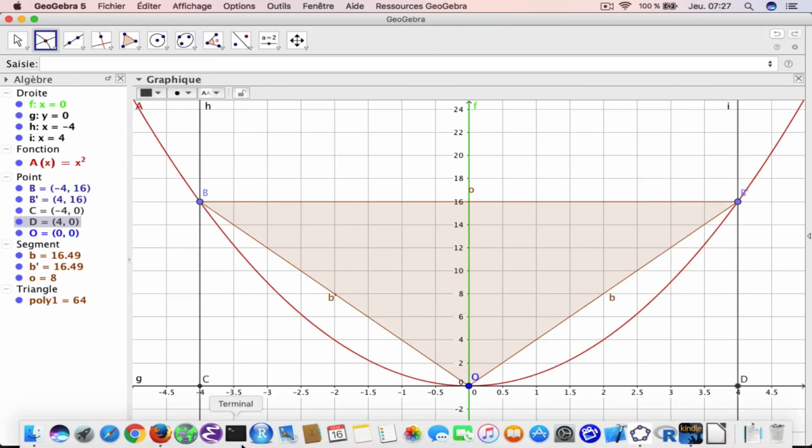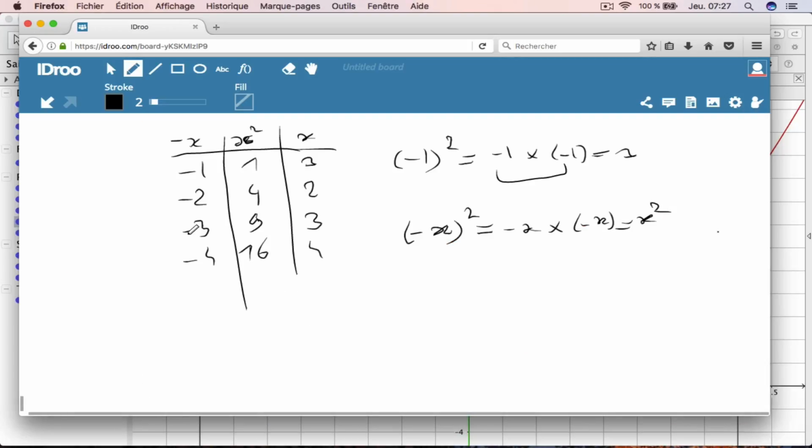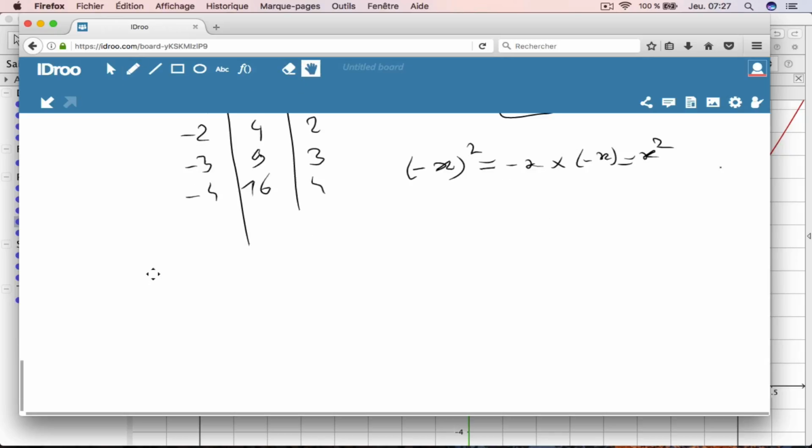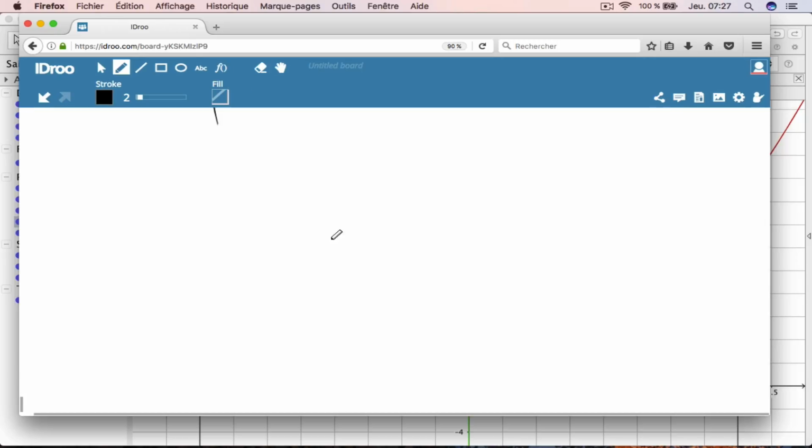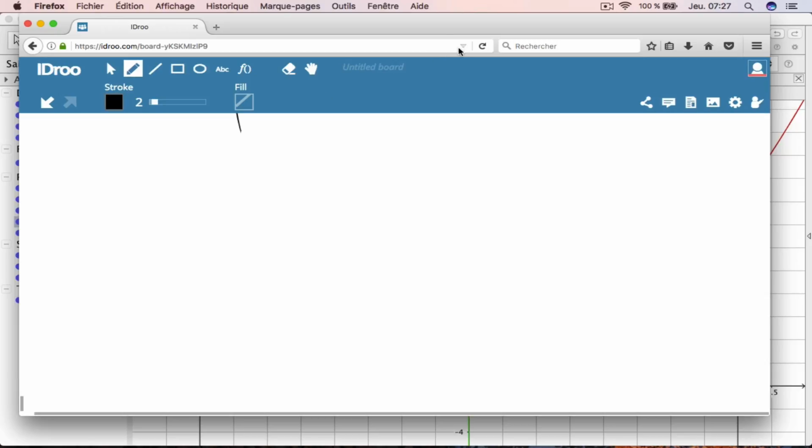Okay, so here we go. First we've got BCO. We don't get a value for B because that's just a point on the curve, and the equation of the curve is y equals x squared. So B has for coordinates x squared.